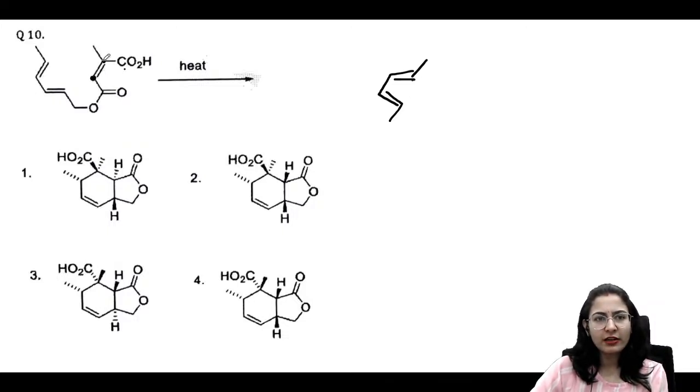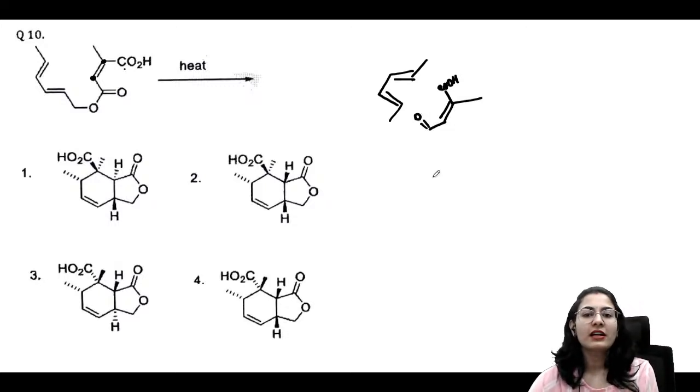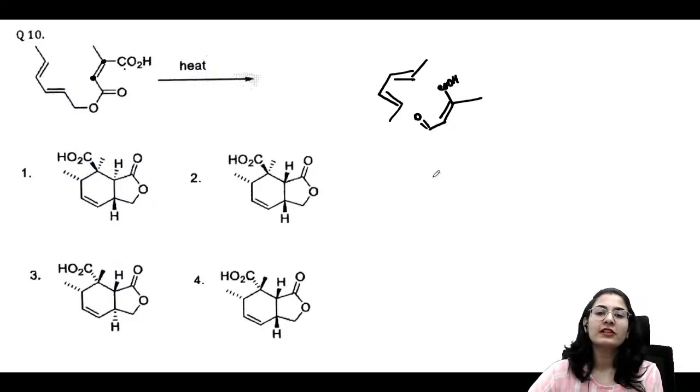So I'm writing this double bond over here, and I'm writing this acid over here, COH. Methyl goes outside. Also, if I write it like this, then I have to write this carbonyl inside as well, because it is on the same side as the COH. Is it possible? Can I write it like this? It is only possible when the molecule is going to form a 5-membered ring.